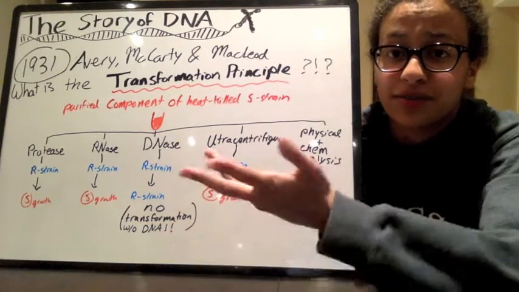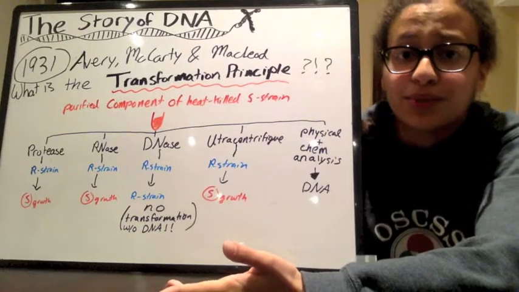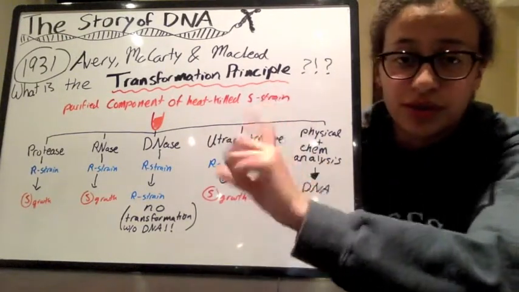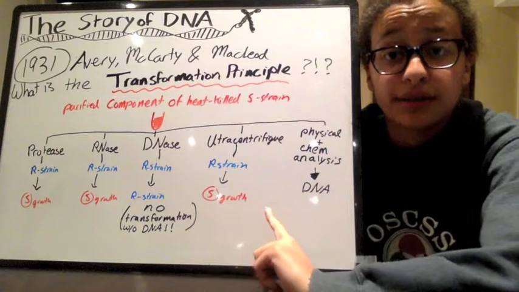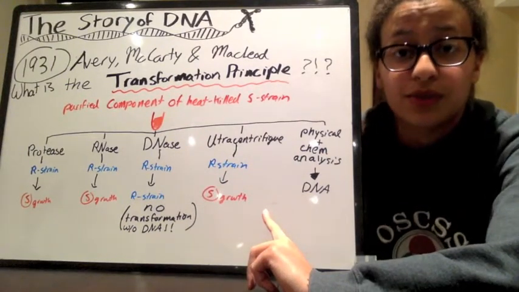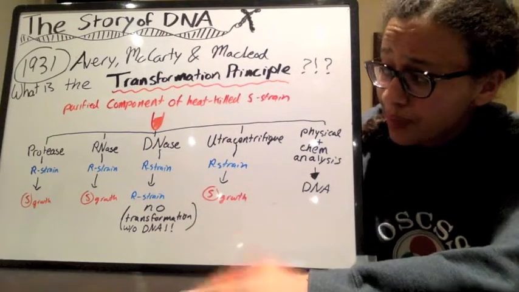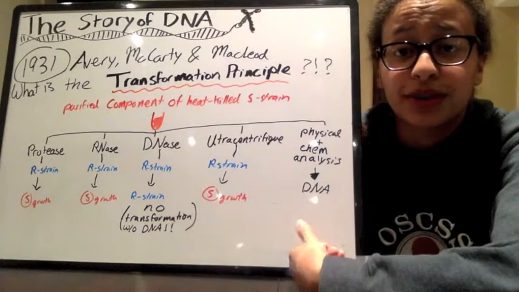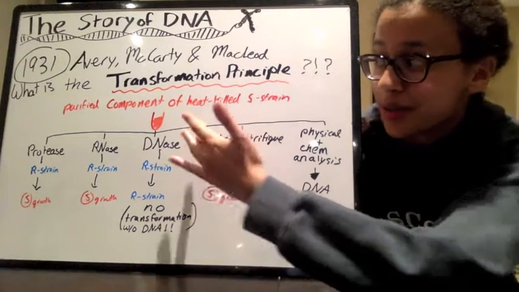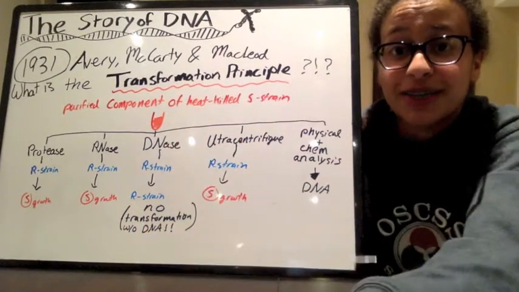He even checked if it could have been fats in the sample or something. So he eliminated the fats through ultracentrifugation and still saw a transformation, because fats are also not responsible for the transformation principle. And then further physical and chemical analysis showed that the substance they were looking at was actually DNA.